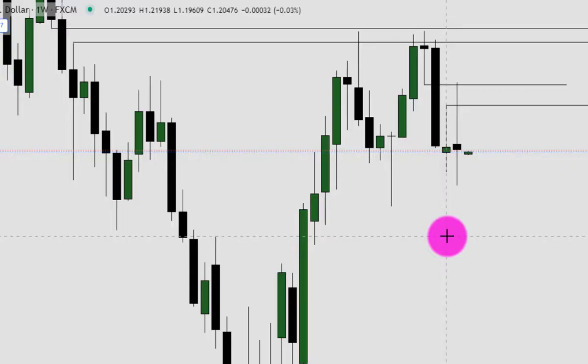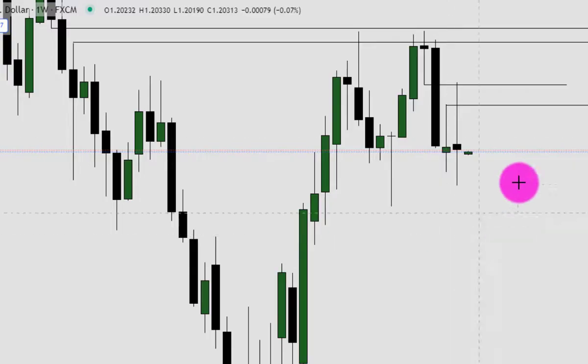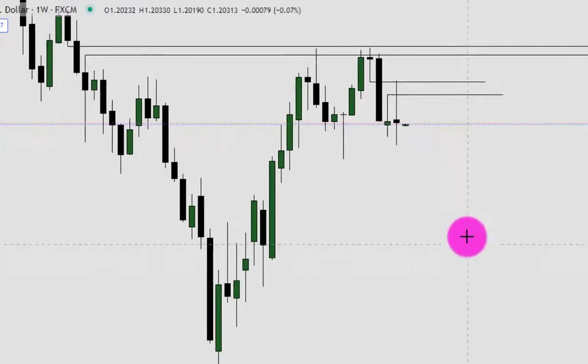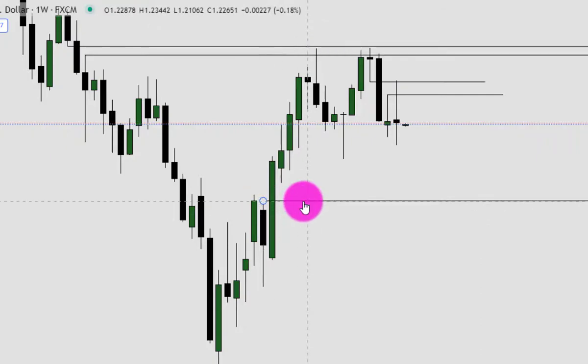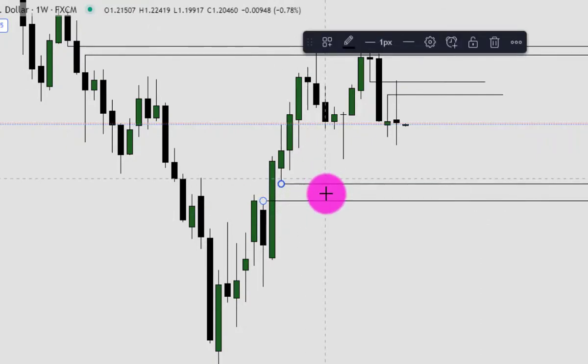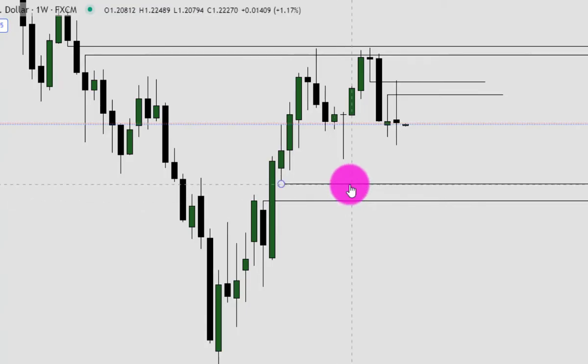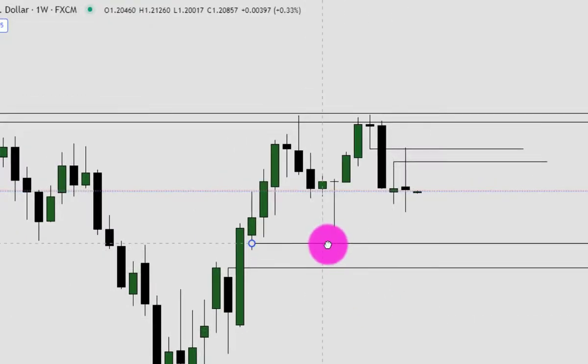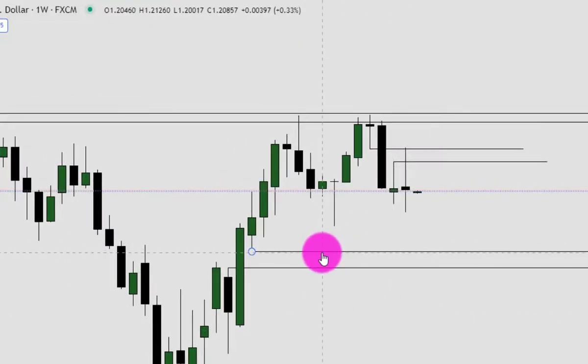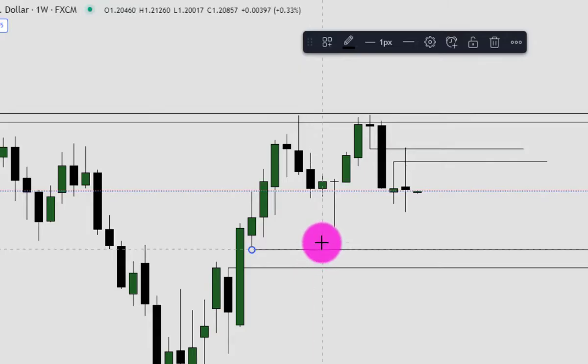Remember, market maker sell model. Okay, we would like to see price trade into at least this strong liquidity, which is the buy side imbalance and sell side inefficiency of the weekly time frame. I would like to see the pound dollar trade into this drawn liquidity of the weekly time frame, or also attack the previous low created on the weekly time frame.